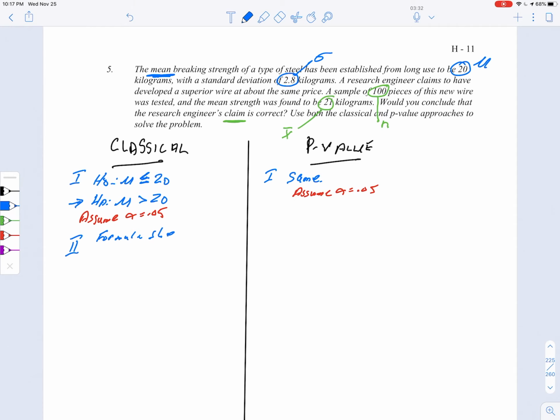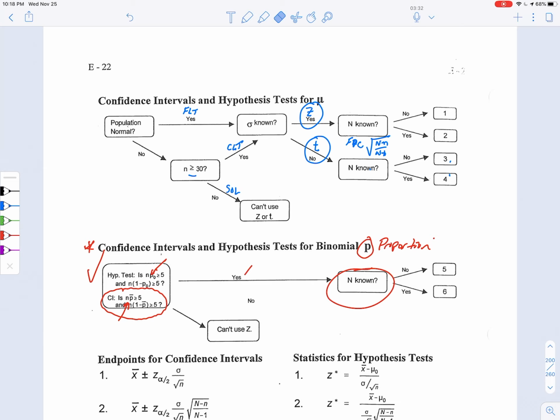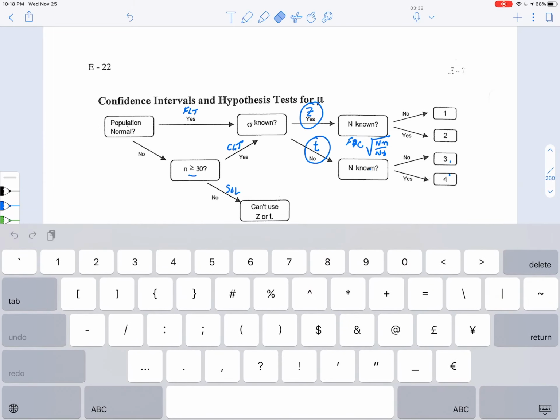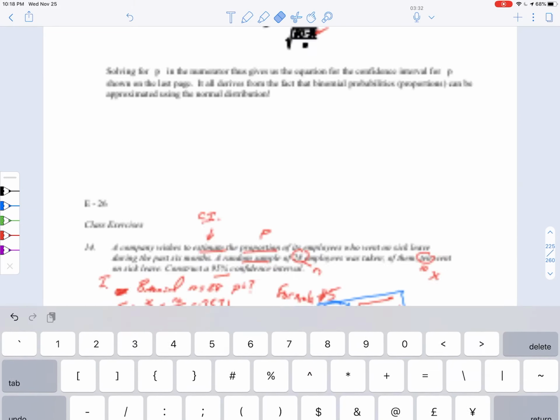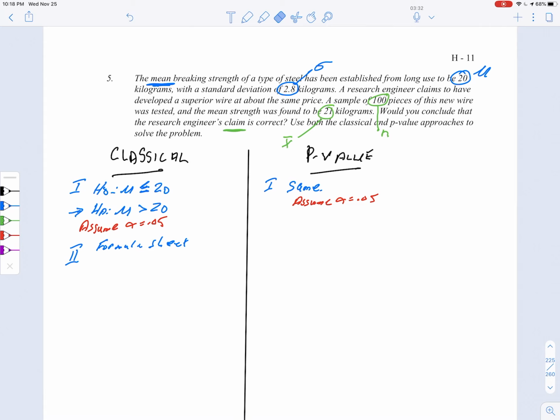Okay, step number two is where you go to the formula sheet, which is just the flow chart here. And so the flow chart here then asks us, okay, let's go through this. Does it say anything about the population being normal? And if you remember the problem here, the answer was no, I don't think so. Let's see. Mean breaking strength is being established to be 20, and so on. We take a sample of 100.